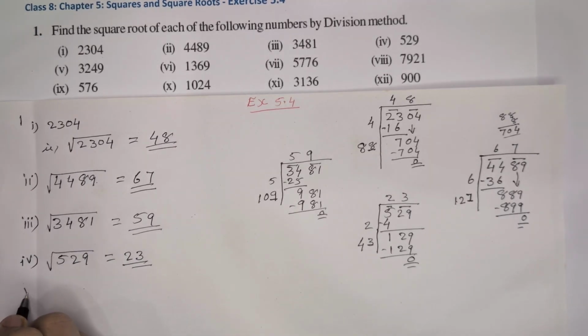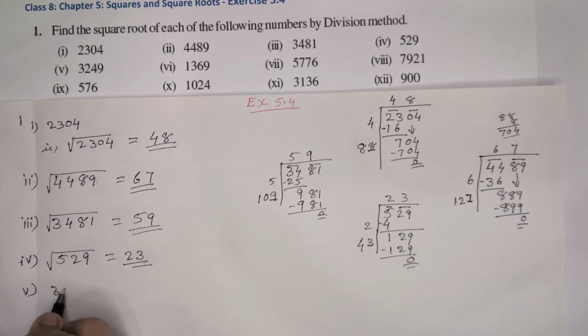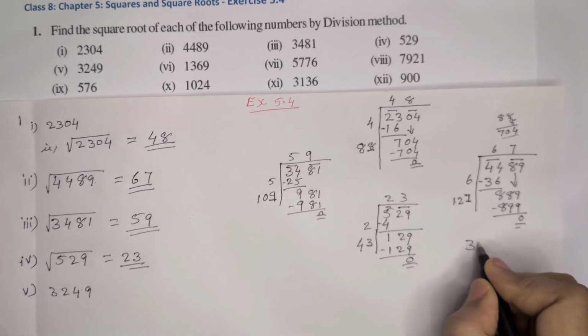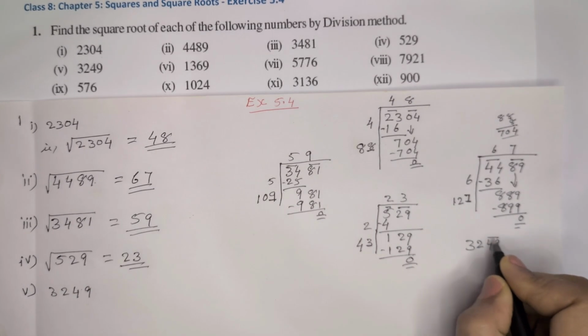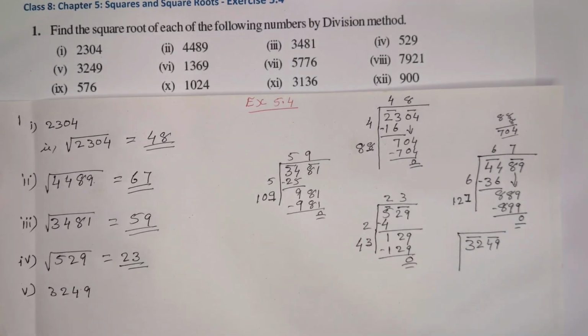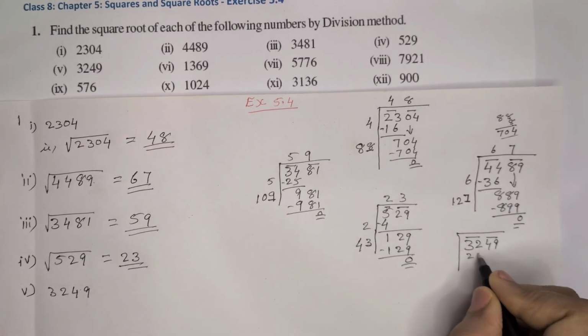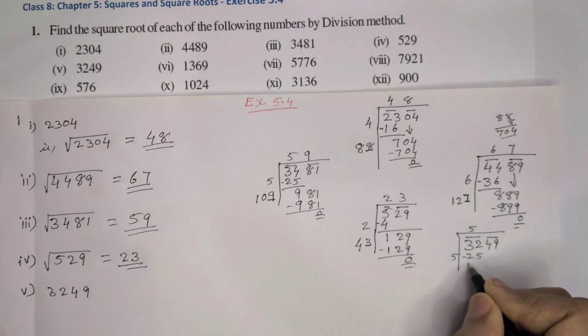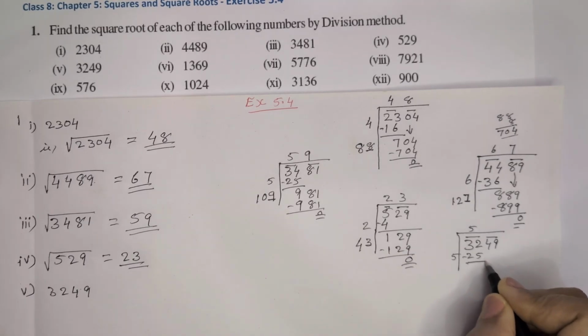Next number 3249. 3249 we can group in the same way. And we are grouping 32. Below 32, the perfect square is 25. That means 5. 5 into 5, 25. And we are subtracting that, we will get 7.